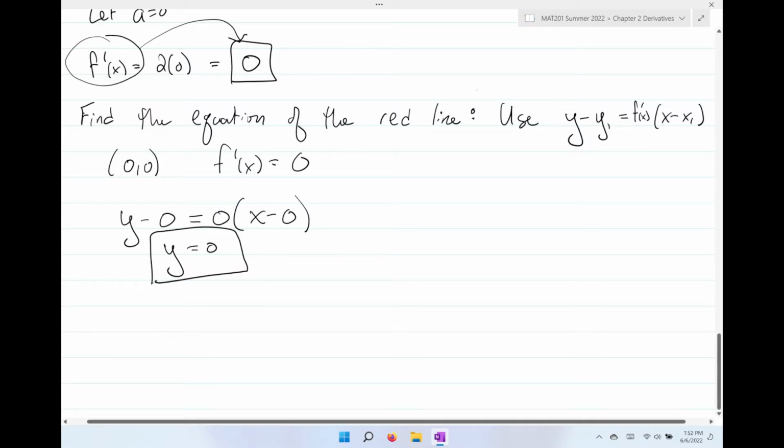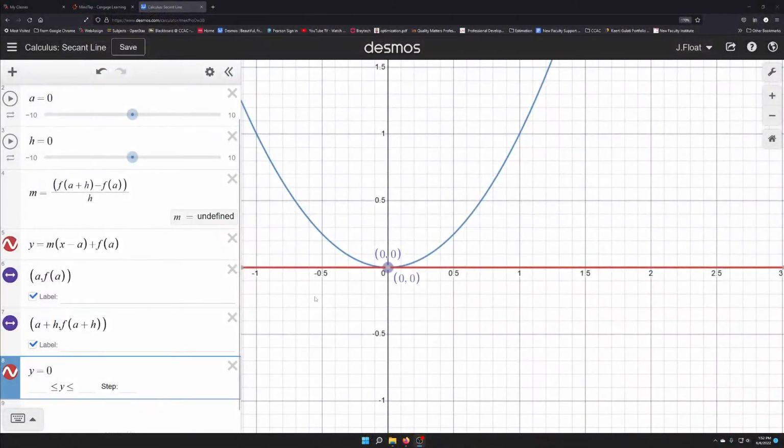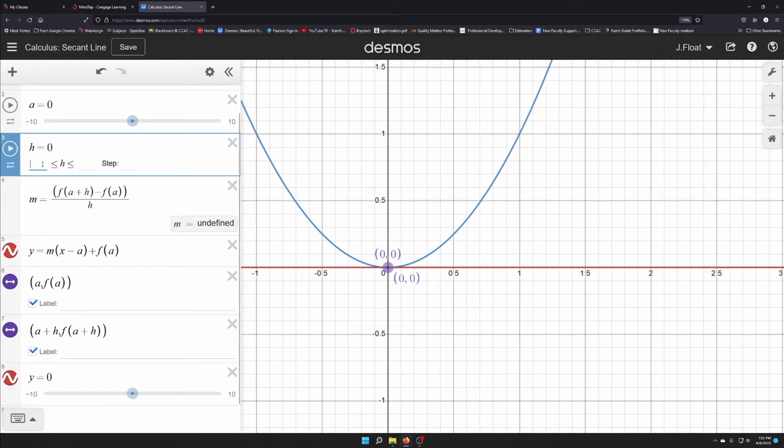Let's go back to our curve. Let me change this real quick. Let's go from 0 to 1, step size 0.1 should be fine.